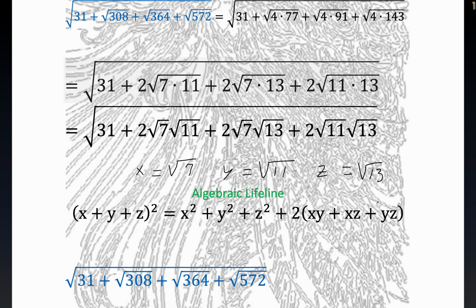Under those assignments, x squared would be 7, y squared would be 11, and of course z squared would be 13. And notice that sums up to 13, 11 is 24, and 7 is the 31 that you see right there.